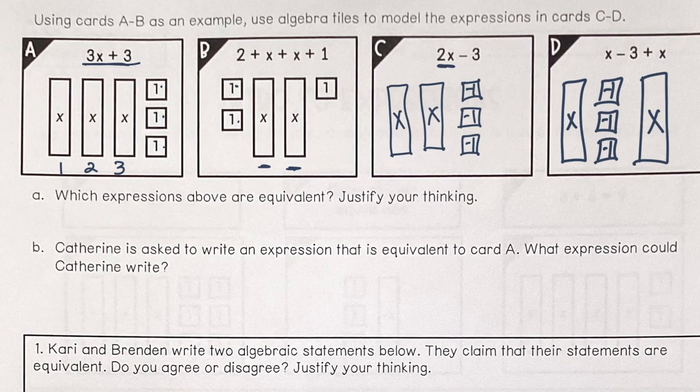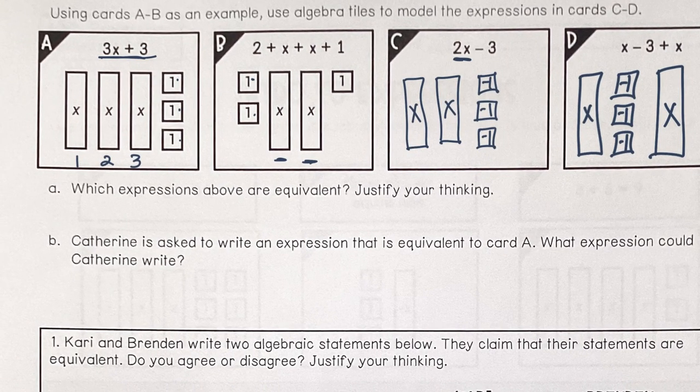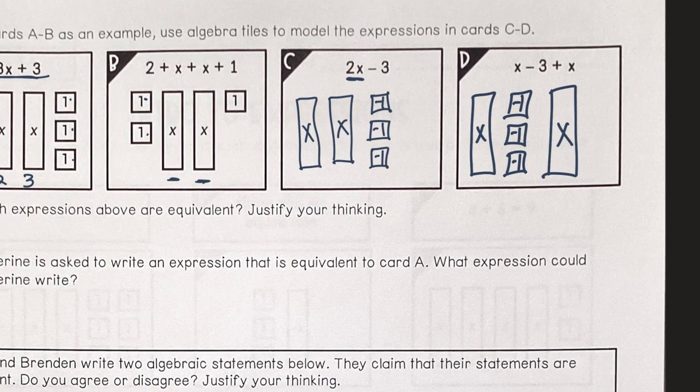Okay. Now we're going to talk about which expressions above are equivalent and how we can justify our thinking here. So if I have over here for C and D, if I have 2x minus 3, which means I have 2 x's, this is 1 plus another 1, so 2 altogether, minus 3. This model for C is the same as my model for D. It's in a different order, but I still have 1 x here, another x over here, plus my 3 -1 squares, so my -3.